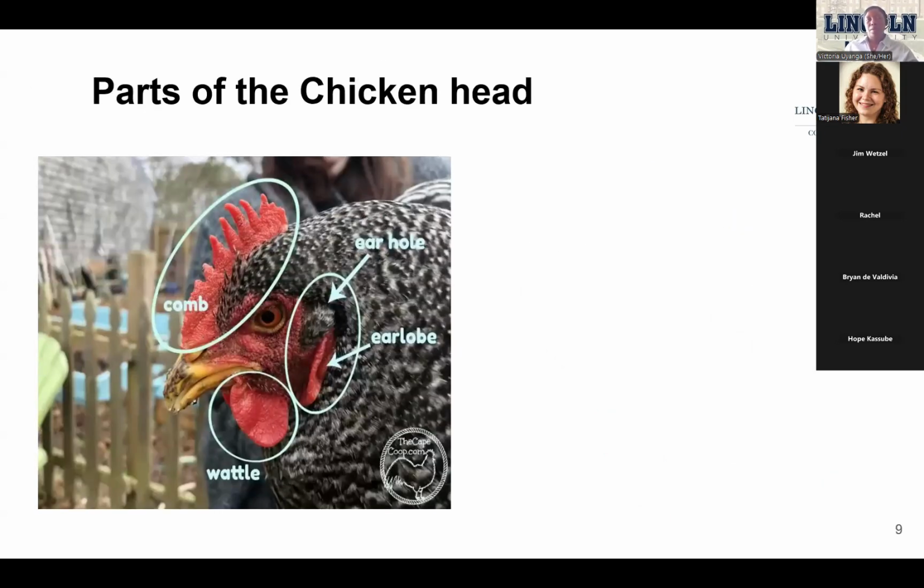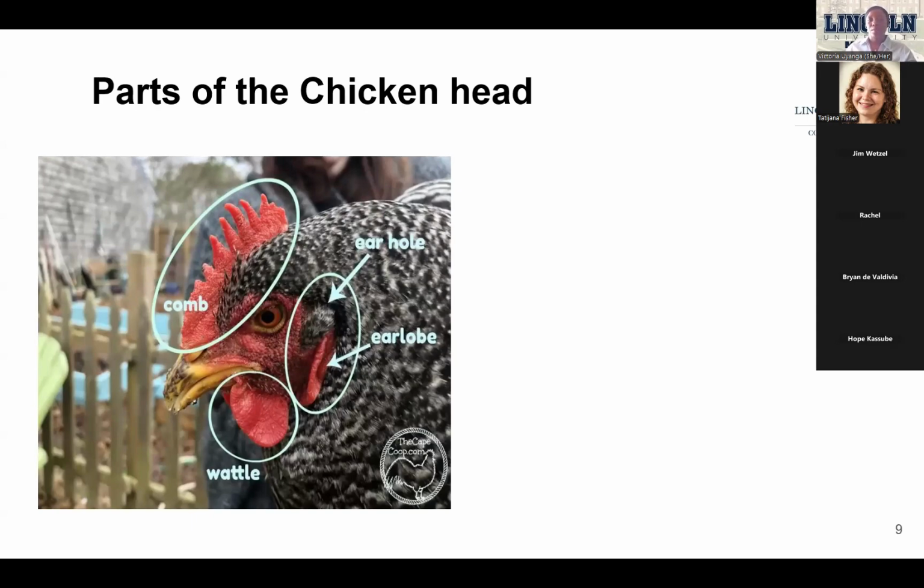For the upper part of the body, we're just going to look at the head, right? And some of those things on the external anatomy that stand out. So this is your chicken head, and we have the comb, the eyes, the ears, the earlobe, the wattles, and we also have the beak. The comb and the wattle, these are protrusions, red growth found either at the crown of the head, whereas the wattle is found underneath the beak.